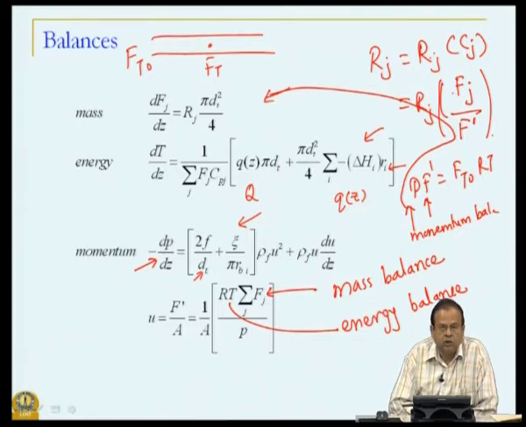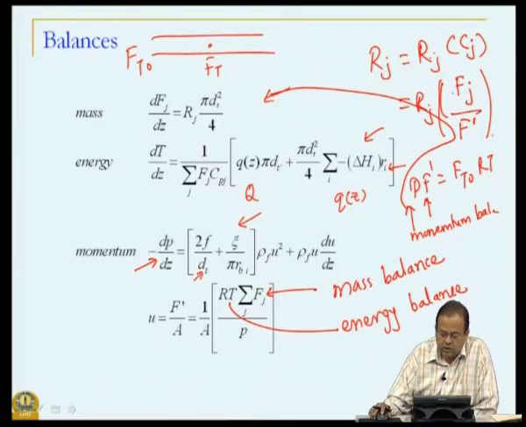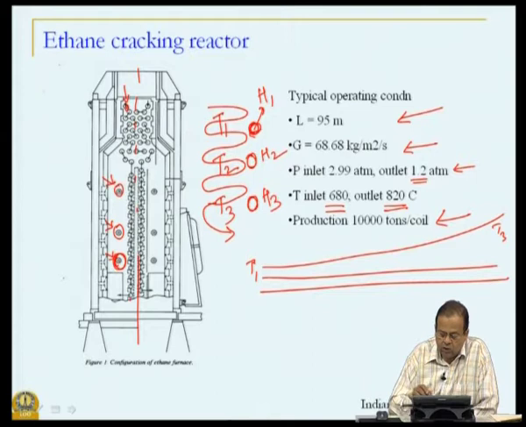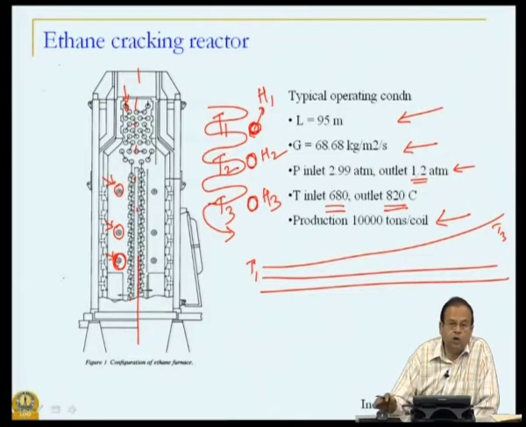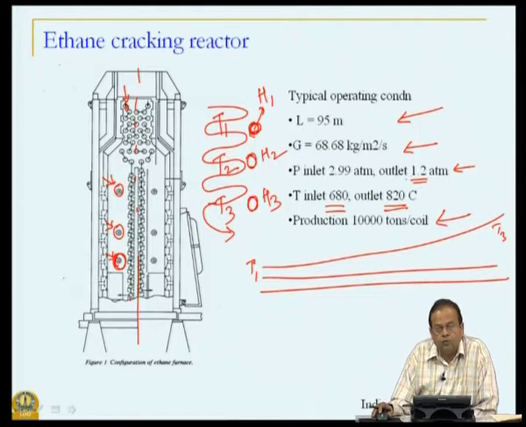Or in other words, when we have such reactions in a reactor, there is a strong coupling between mass, energy and momentum balances, and this is the reason why you would see that the inlet pressure is, for example, 3 atmospheres, and the outlet is only about 1.2, almost 50% or a little more than 50% pressure drop.